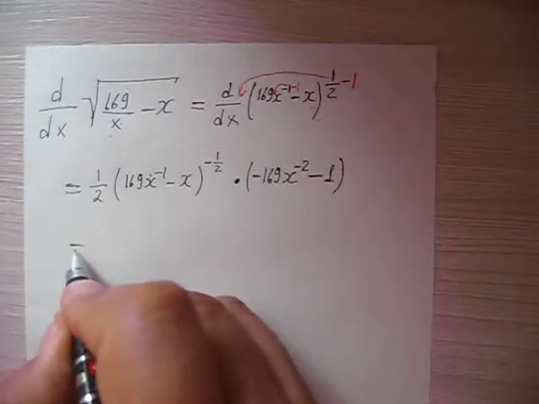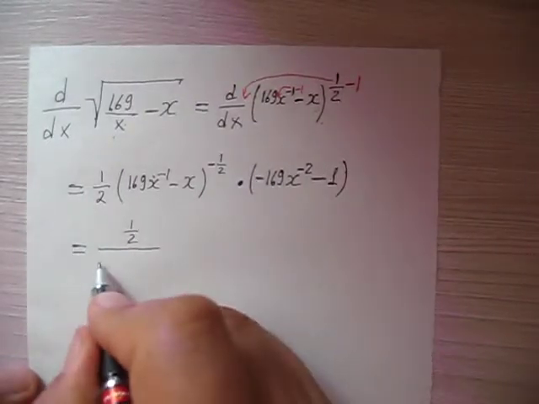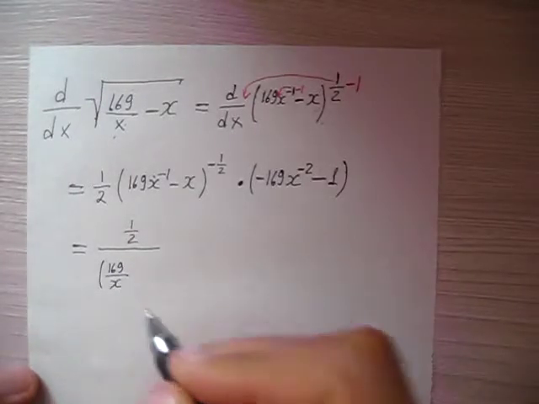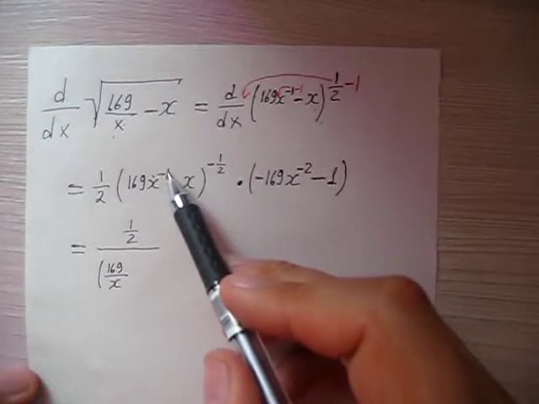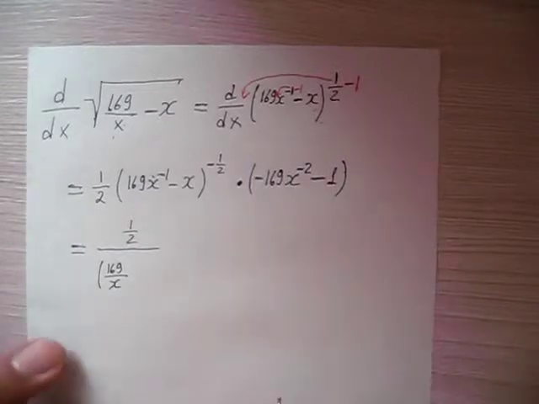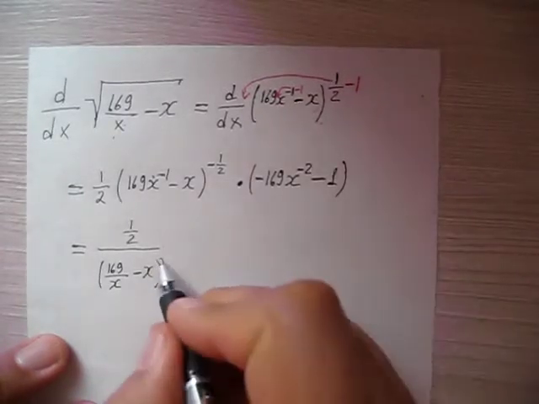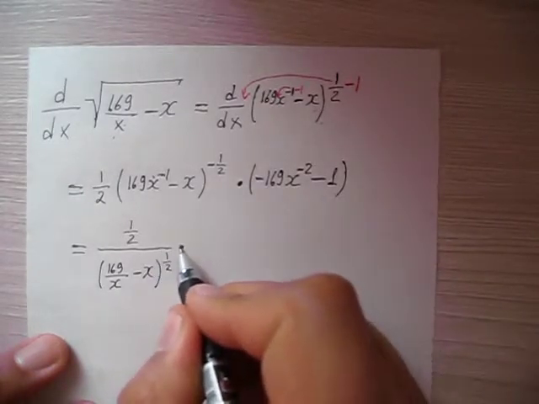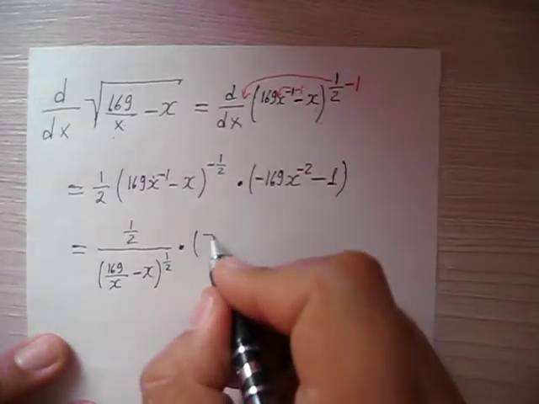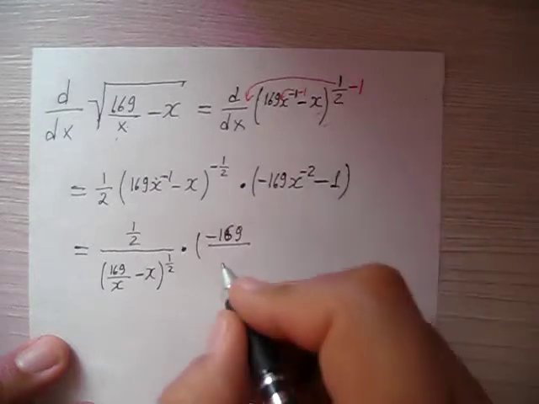Okay, in that case we will have, in the numerator 1/2, and the denominator will be 169 over x, okay, this 169 x to the minus 1, since we have a negative power, it goes to the denominator and the power will be positive 1, minus x, to the power of positive 1/2, times this parenthesis, and it is again negative 169, and the denominator will be x squared.